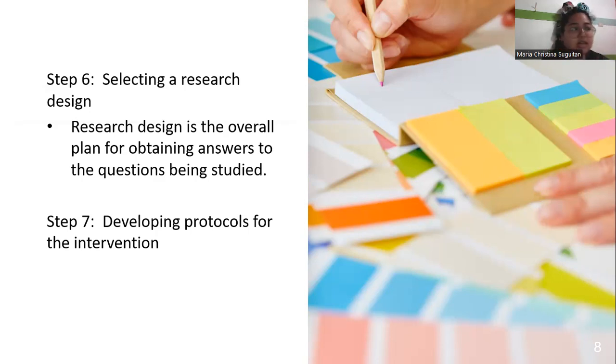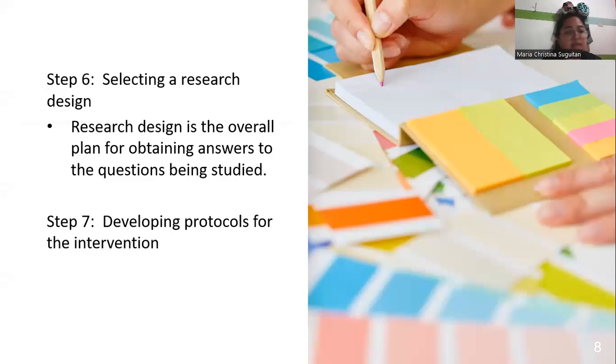Experiment. Ganun, quantitative. O, how about qualitative? Di ba? Case study. Okay. Phenomenological study. O, lived experience. More on descriptional. O, yan ang research design. Is the overall plan for obtaining answer to questions being studied.